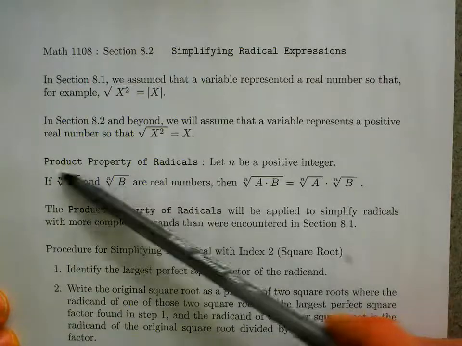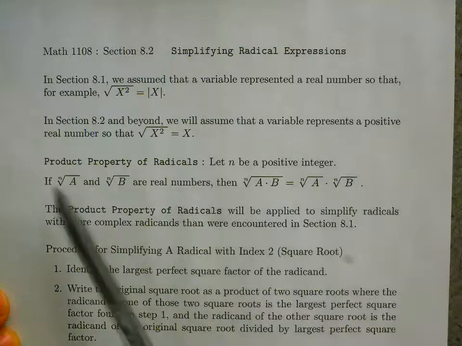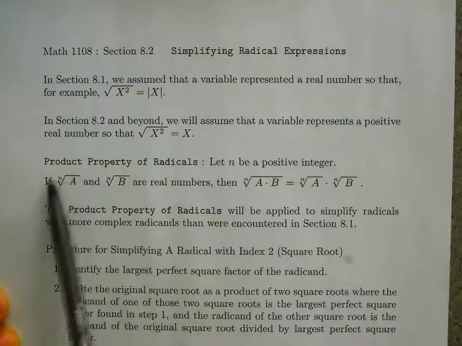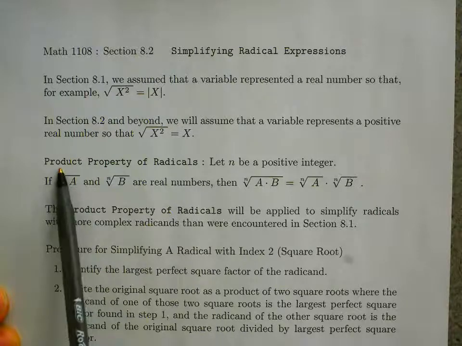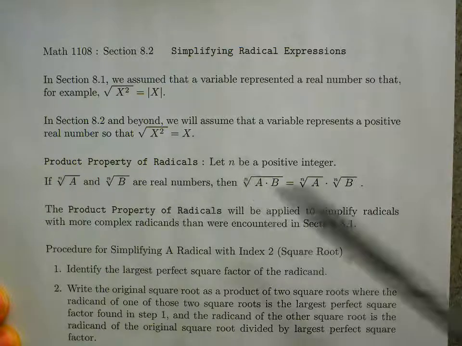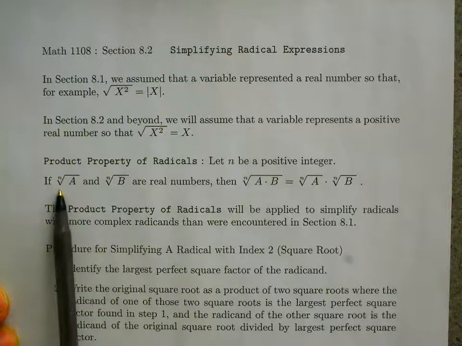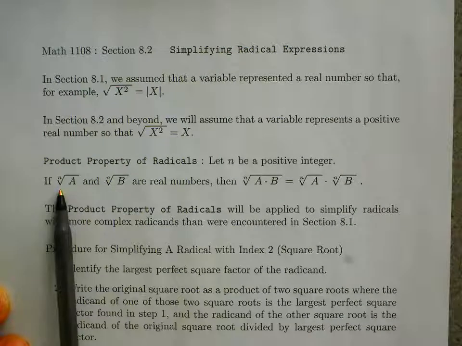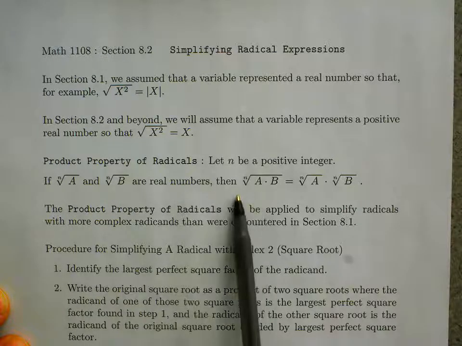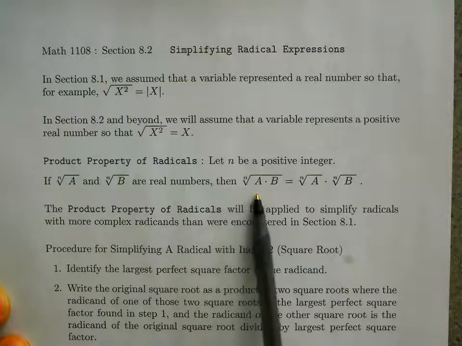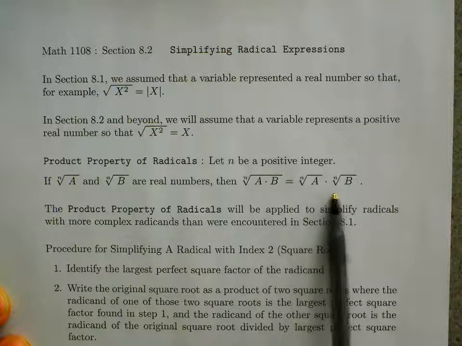The next thing is the product property of radicals. Product in arithmetic and algebra implies that we're going to multiply. If we let n be a positive integer, and if the nth root of a and the nth root of b are real numbers, then the nth root of a times b is equal to the nth root of a times the nth root of b.